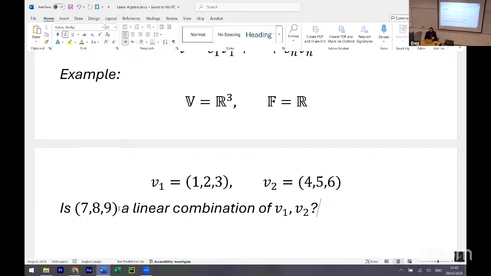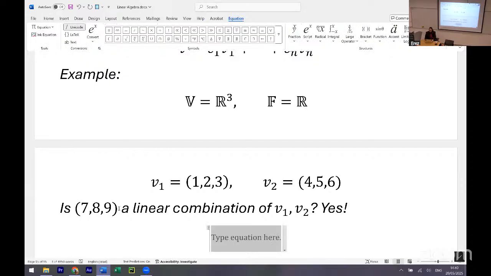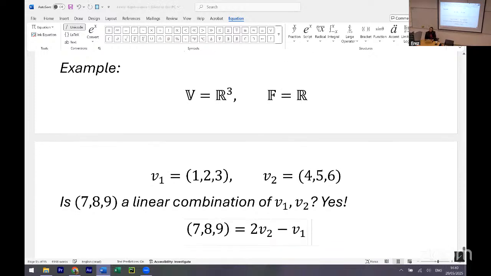I think you are correct. Yes, (7, 8, 9) is actually 2 times v2 minus v1, so it is a linear combination of these two vectors.